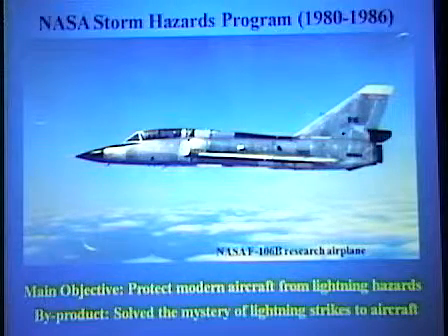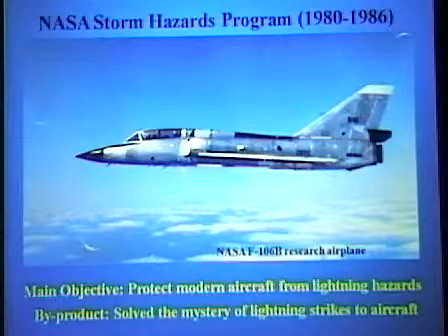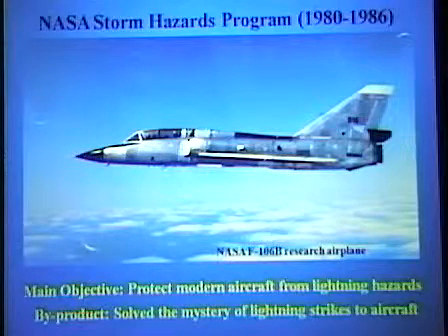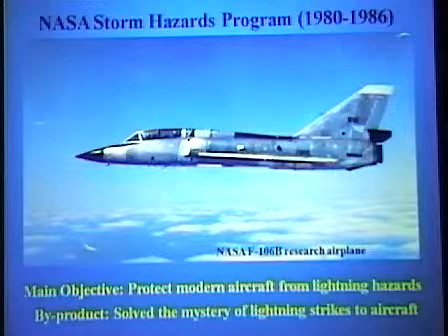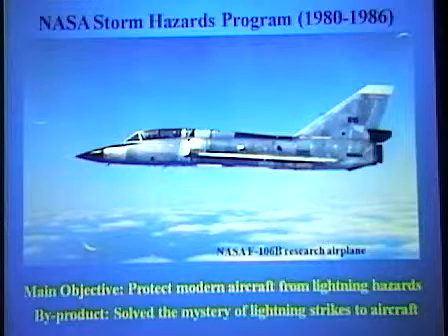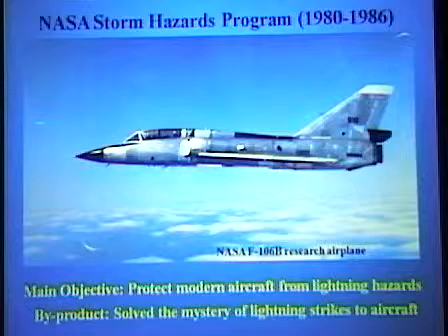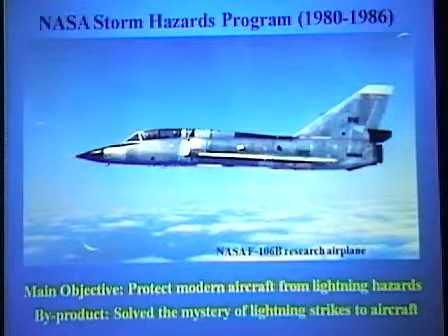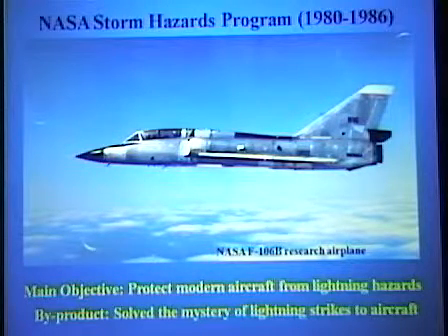So if your aircraft is not a fully metallic body, it's susceptible to destruction by lightning of the type which I showed you before, where you can shred composite material by direct lightning attachment. And besides, modern electronics used in the navigational and control systems of aircraft are very susceptible to transients of lightning. So you need to know how to protect them. This was the main objective of this program.